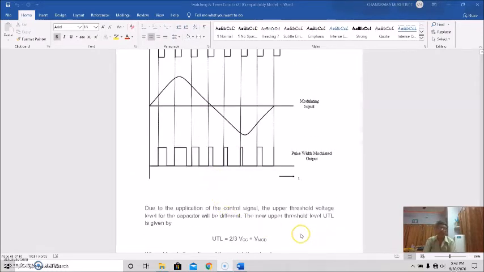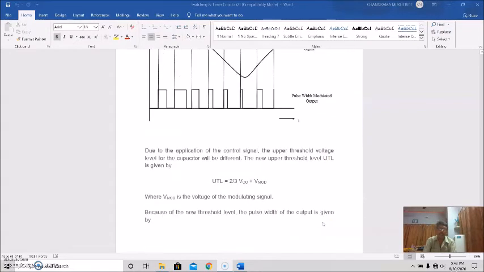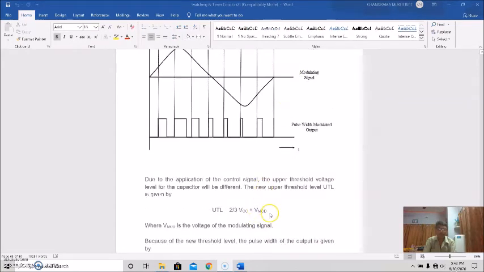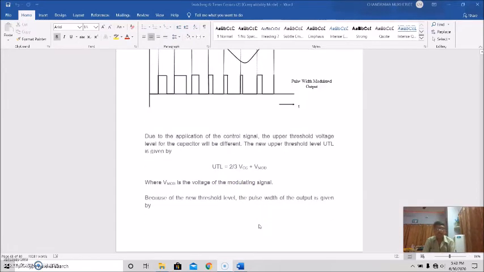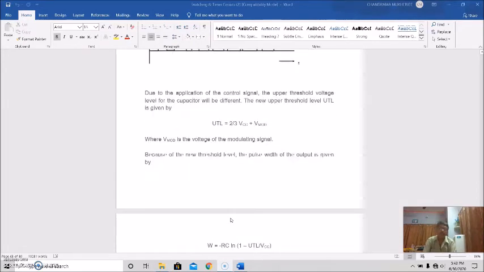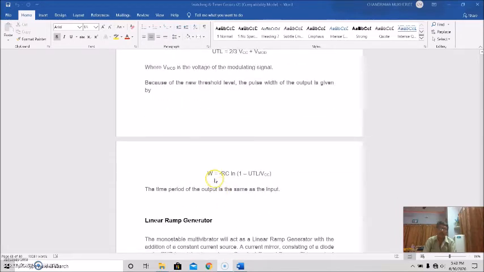So due to the application of the control signal that is applied at pin 5, the upper threshold voltage level of the capacitor will be different, and the new upper threshold level UTL is given by 2/3 of VCC plus this modulating voltage V mod, which is the voltage of the modulating signal. Because of the new threshold level, the pulse width of the output is given by T equal to minus RC ln(1 minus UTL/VCC).